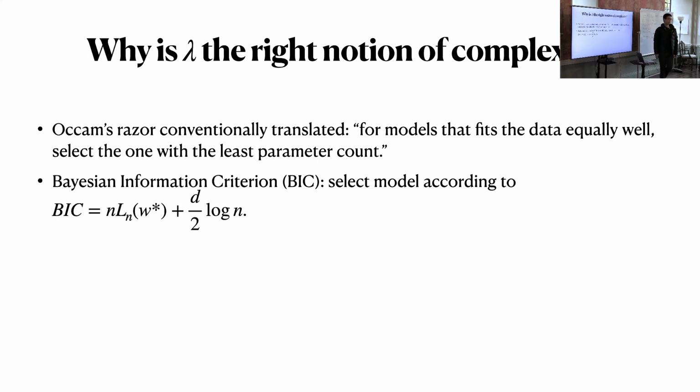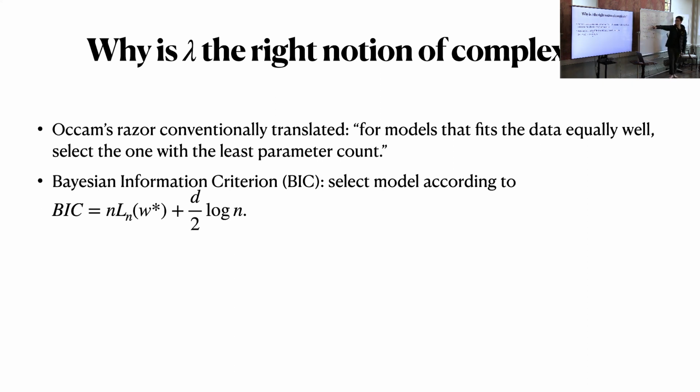There is an incarnation of that principle in the form of the Bayesian information criterion. It's a model selection criterion. If you have multiple competing models to explain data, you choose the one that minimizes BIC. You can see that it is a competition between the fit, Ln of W star, where W star is the maximum likelihood estimator. You have a parameterized model, you find the point in the model that minimizes your loss.